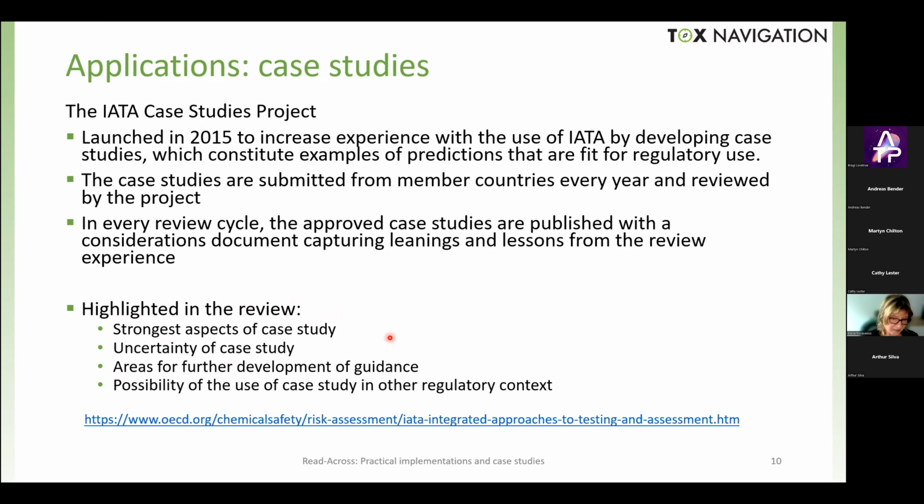And above all, the information that I find interesting is the possibility of use of the case study: given a read across with this type of justification and this type of supporting information, which is the possible application for which this read across could be accepted.